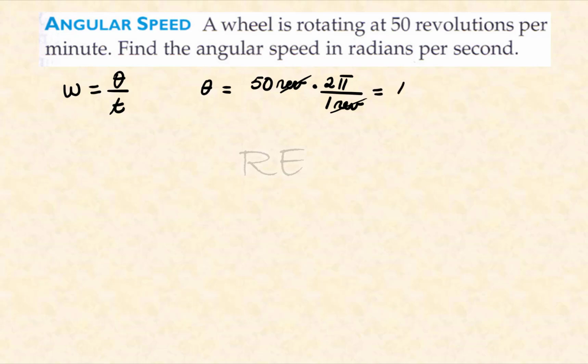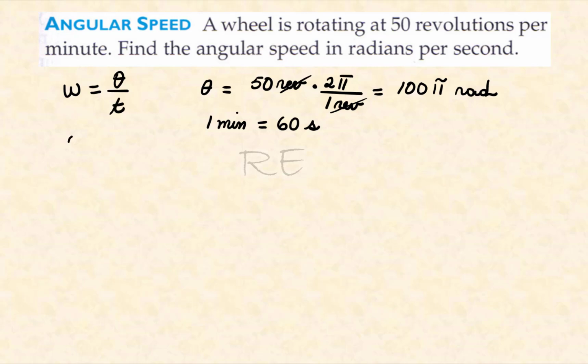So to convert theta to radians, we will multiply 5 by 2 pi, which is equal to 10 pi radians. 1 minute is equal to 60 seconds.